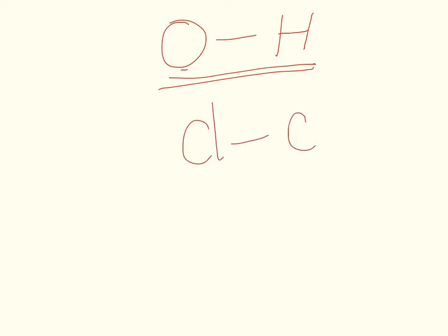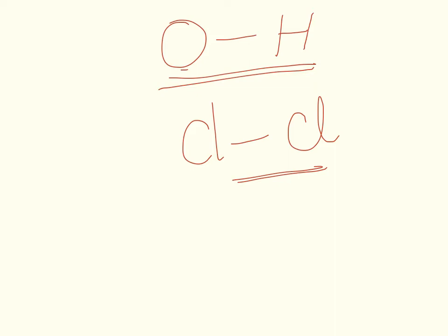So we know about polarity in bonds. For example, if we look at a bond like this, OH, right? We know that it's a polar bond because oxygen is highly electronegative compared to hydrogen. If we see a bond that looks like this, we know that it's a non-polar bond, or a pure covalent bond.